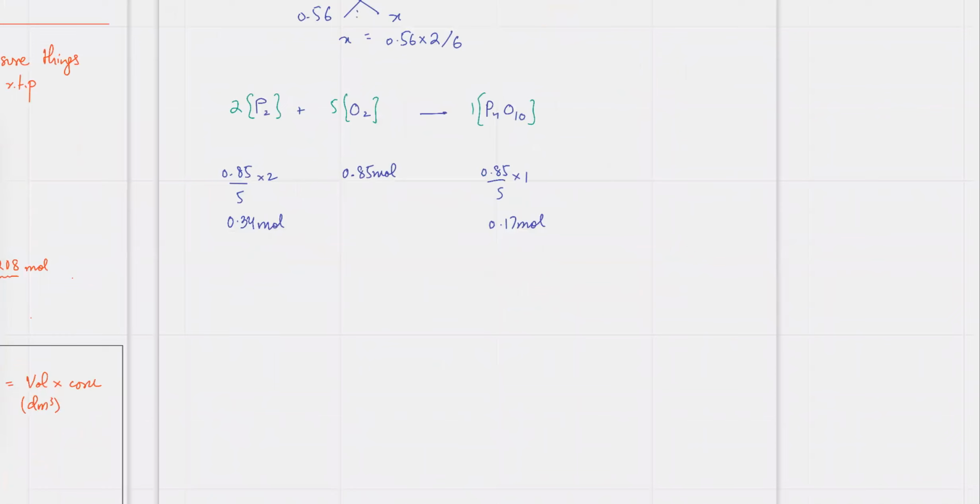So let's do another one. I've got 6 NaOH reacting with 3 Cl2 gas molecules, and it produces 5 NaCl, and it produces NaClO3, and it produces 3 water molecules.